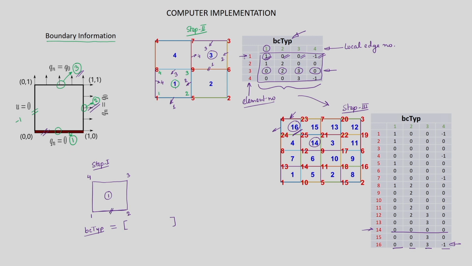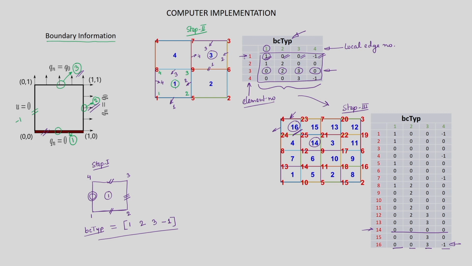This is local edge 1, this is local edge 2, this is 3 and this is 4. Local edge 1 corresponds to Neumann boundary 1, so this will be 1. The second edge coincides with Neumann boundary 2, so it will be 2. The third edge coincides with Neumann boundary 3, so it will be 3, and the fourth edge coincides with the Dirichlet boundary, that is -1. In this case there is no internal edge, so no 0. That is how this information is constructed.